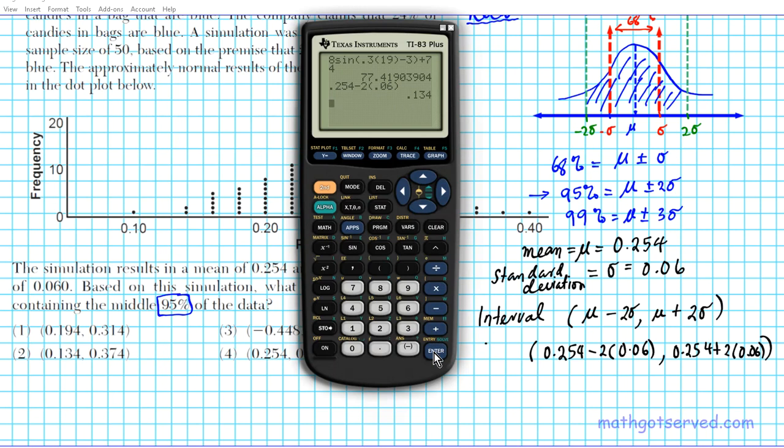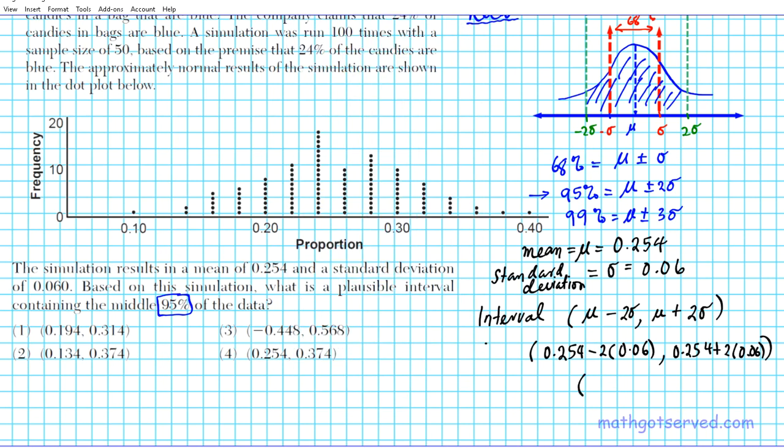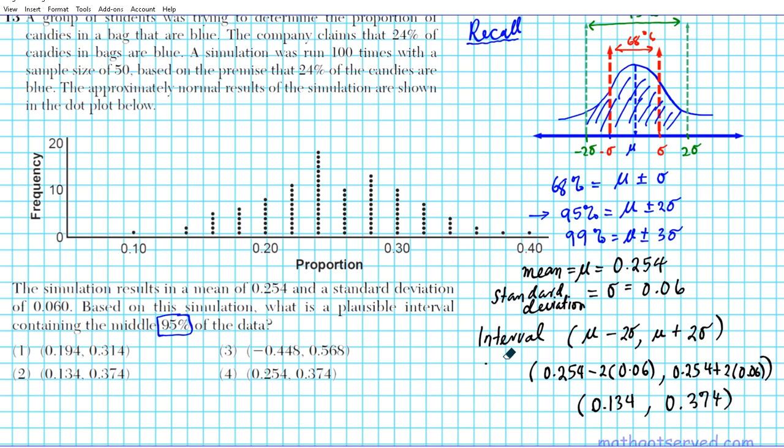So that's the lower bound, and then the upper bound, I'm just going to recall what I entered earlier and change the sign to a plus to save time. And then the upper bound is 0.374. Okay, so that's the interval that we're looking at. So it's going to be 0.134 all the way to 0.374.